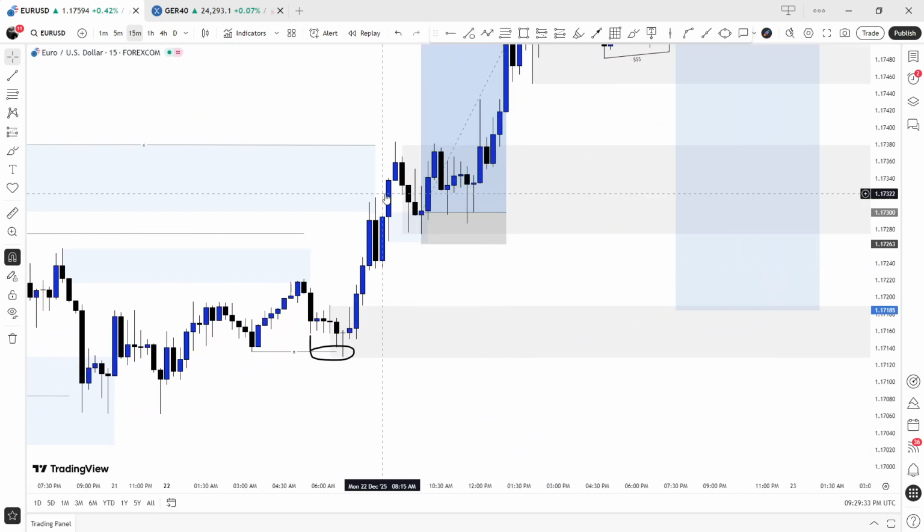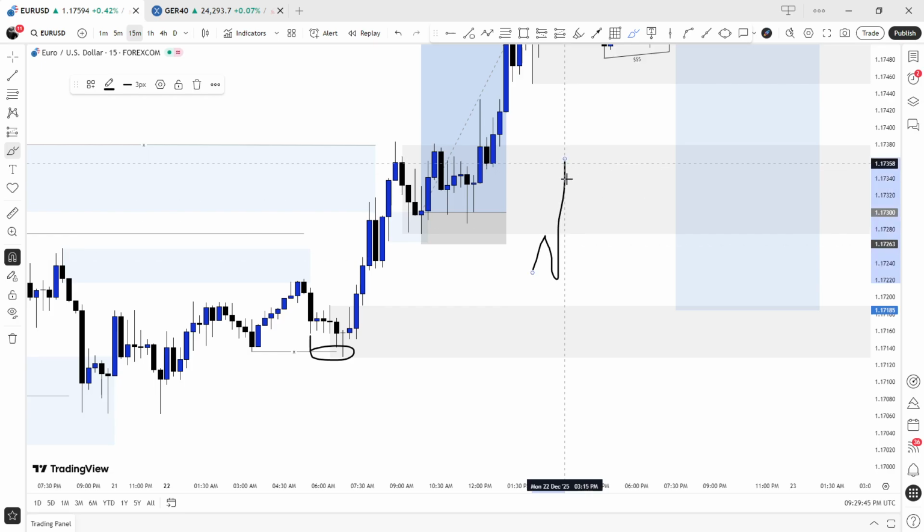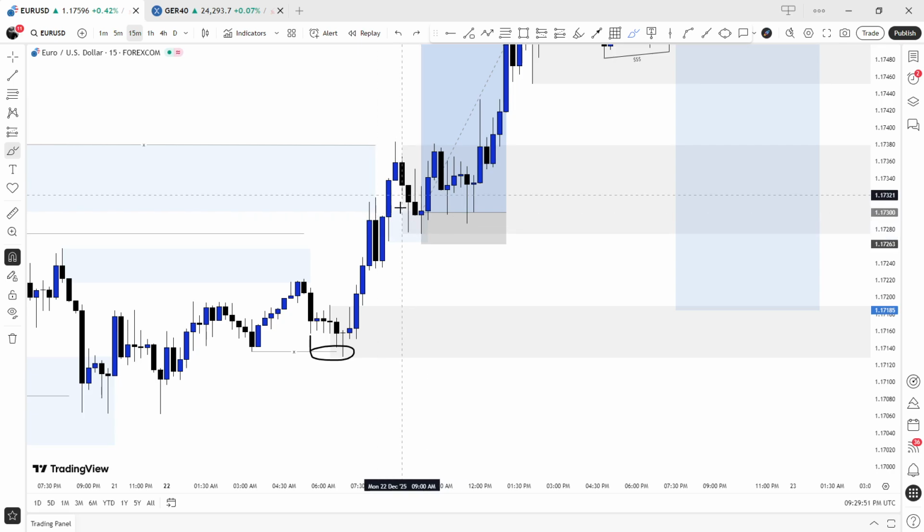You can see that we had the break of structure over here. It was a very minor break of structure, which left this wick over here, which is a buy to sell wick. So if you jump down to the lower time frame, you see something like this, and then you have that buy to sell wick looking like this. So this was where I took my entry from on the lower time frame.